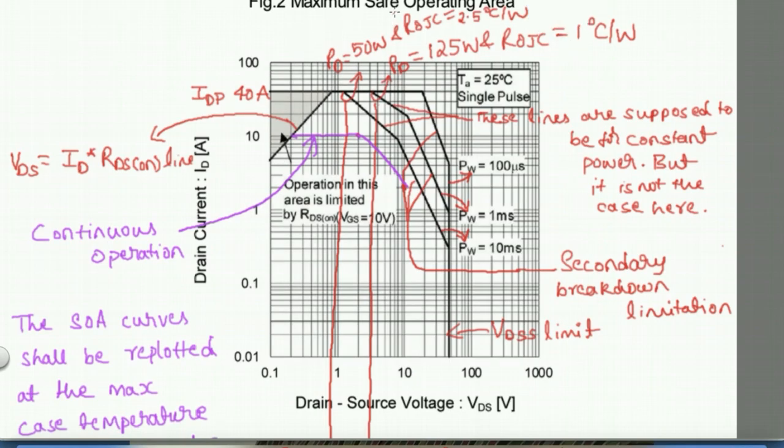Figure 2 provides the maximum safe operating area. The curve on the left is the ID into RDS on line. The curve on the top is the pulsed current 40 amp line, and the curve on the right side is the VDSS limit of 45 volt.